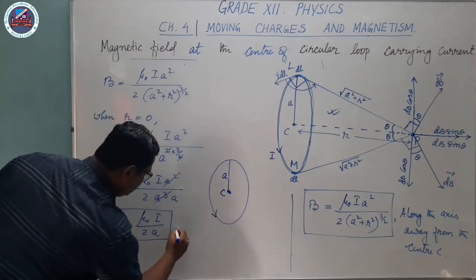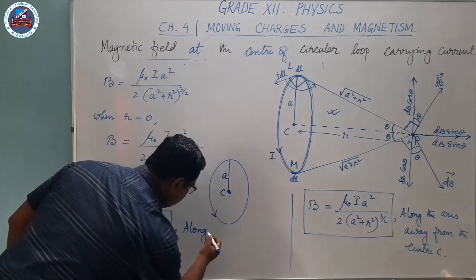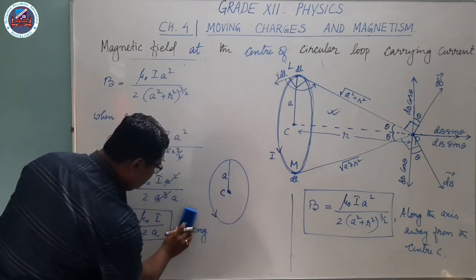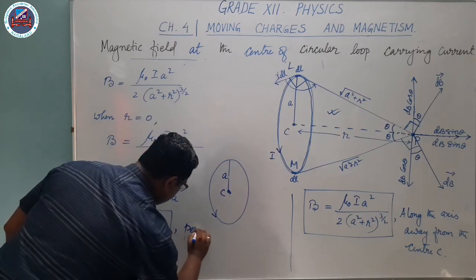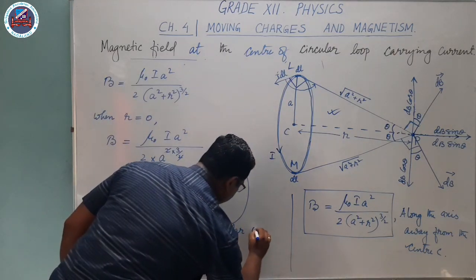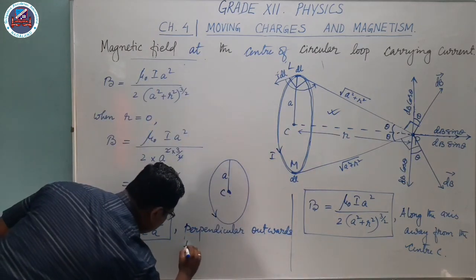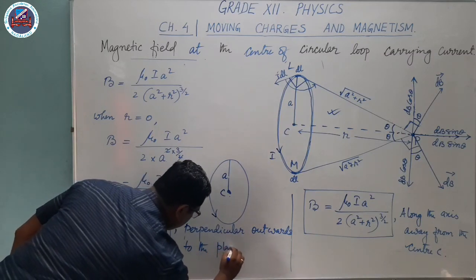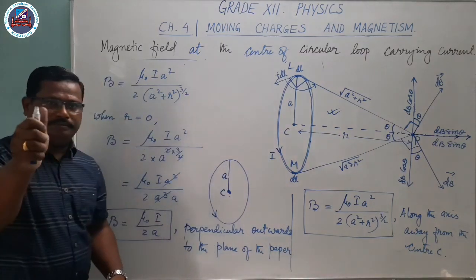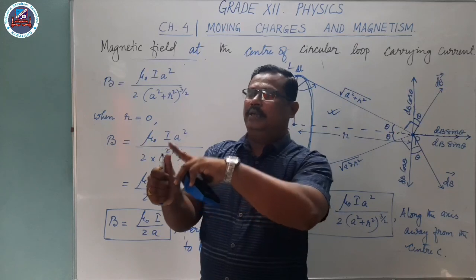So use this one: current is in anti-clockwise direction, it should be perpendicularly outward, perpendicular outwards to the plane of the paper.